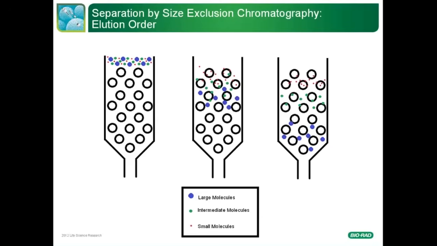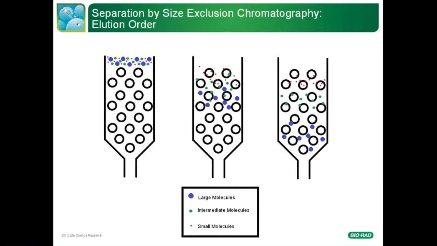If you look at the picture in the center, as the biomolecules are moving down the column, the large blue molecules, which do not enter into the particles, are moving through the column much more quickly and are further down the column. The green molecules, generally speaking, are in the middle area.